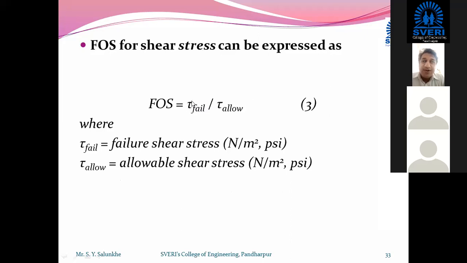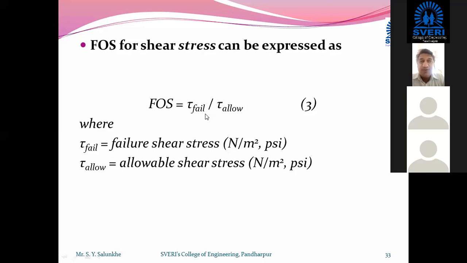Here also we use tau: shear force divided by the cross-sectional area which is undergoing the shear. That is the value of failure shear stress, where the material or component fails, divided by the allowable shear stress in that component, and that is called the factor of safety.